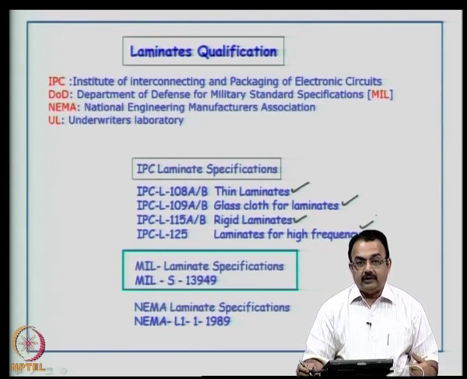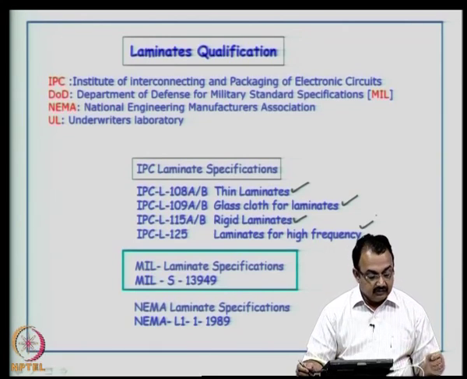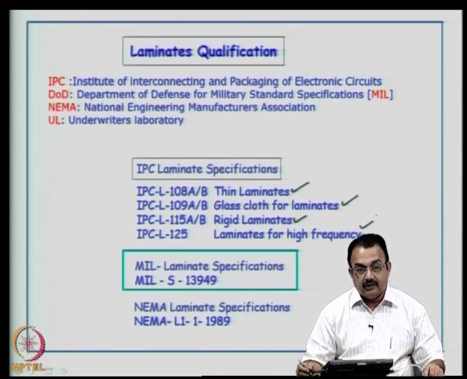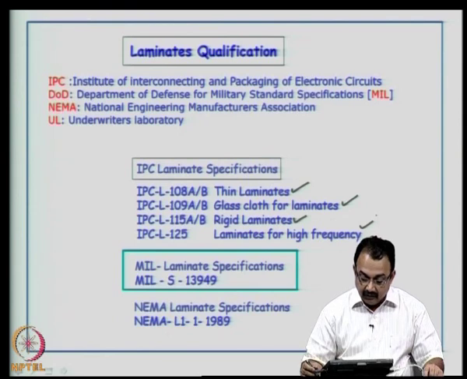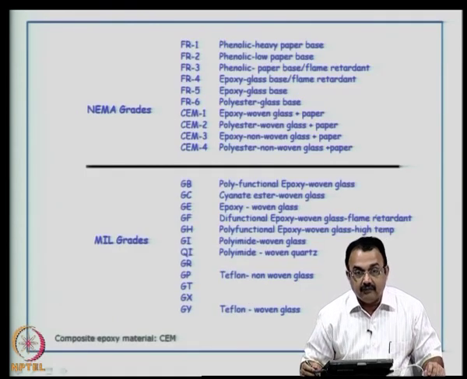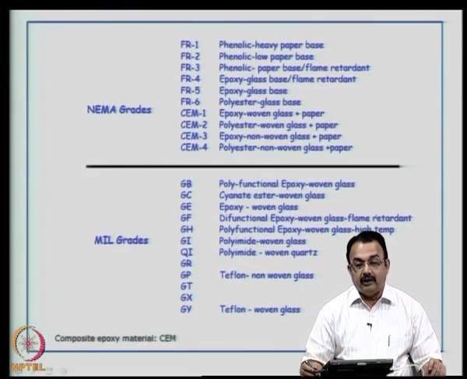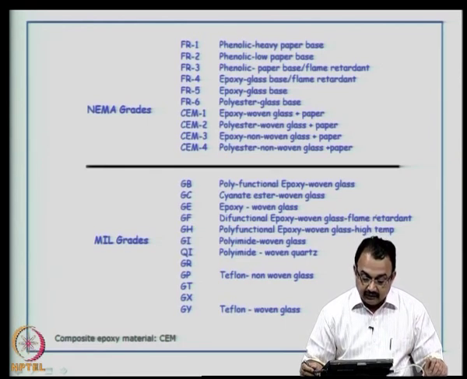So, it is better to be aware of these qualifications. If you are doing research or building a product using laminates of various types, you have to be aware of some of the qualification procedures and the certifications. So, you need to buy certified laminates.